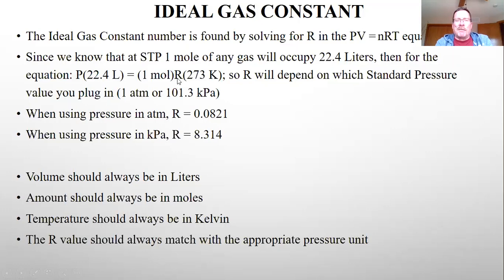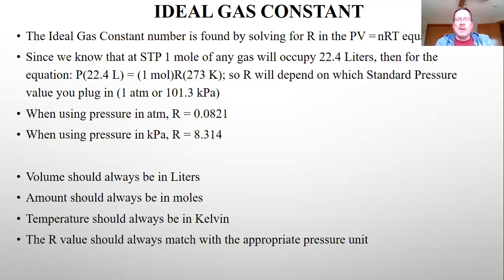So if I want to solve for R here, I'm going to get that number just based on which pressure unit I use. Do I plug in 1 atmosphere here and then solve for R, or do I plug in 101.3 kilopascals? It doesn't matter, but you can see in the next 2 bullet points that if I put in 1 atmosphere along with the 22.4, the 1 mole, and 273, then R comes out to be 0.0821. Okay. So that's its value at standard temperature and pressure.